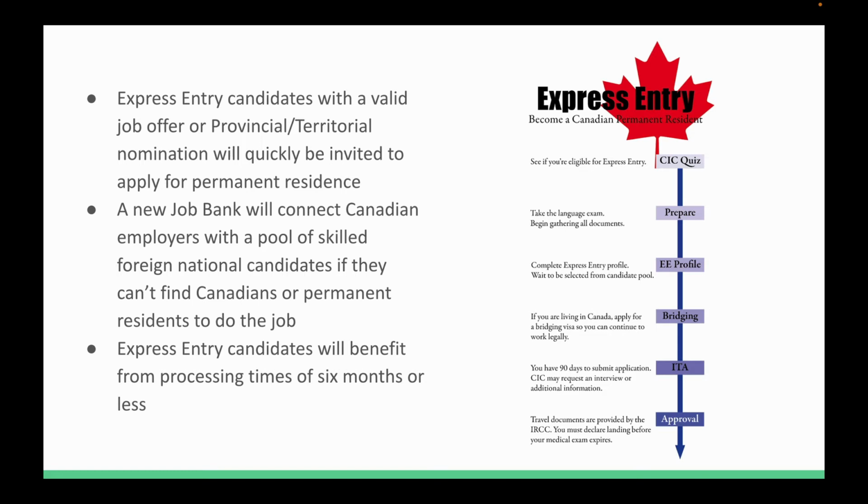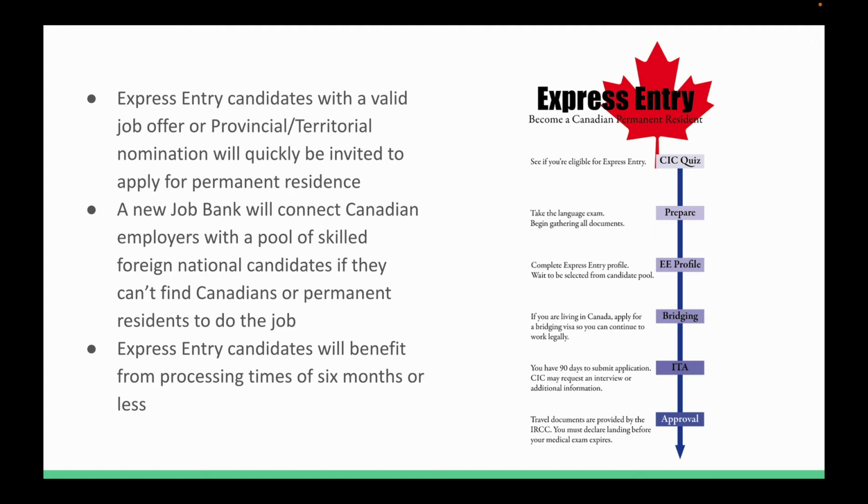So first, these businesses, these employers have to make sure Canadians or permanent residents can fulfill the need for that job. And if not, then those employers can use this Job Bank to connect to skilled foreign nationals.